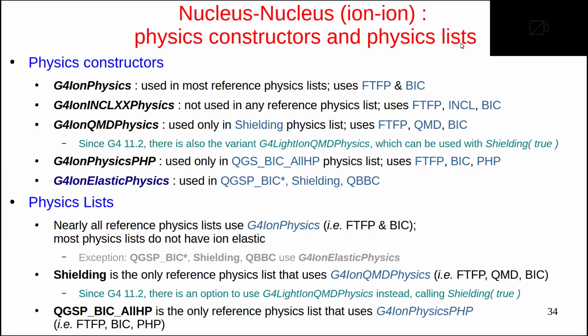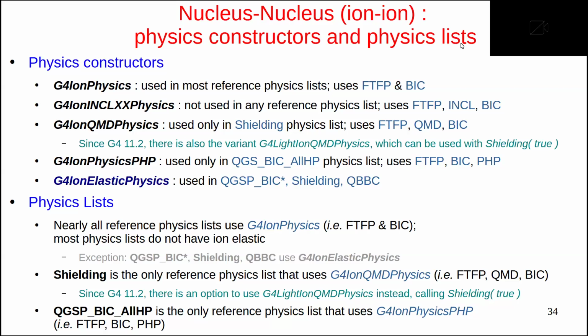So in most physics lists, the G4 ion physics constructor is used, which is based on Fritiof and binary. And most of the physics lists do not have ion elastic, with the exception of shielding, QBBC, and QGSP_BIC.